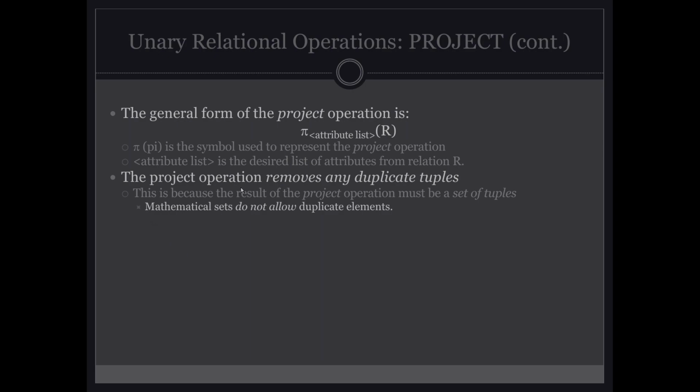Yeah, the project operation removes any duplicate tuples because the result of the project operation must be a set of tuples, and mathematical sets do not allow duplicate elements. So let's say this set A, so it has two elements supposedly, A and A, right? Wrong.